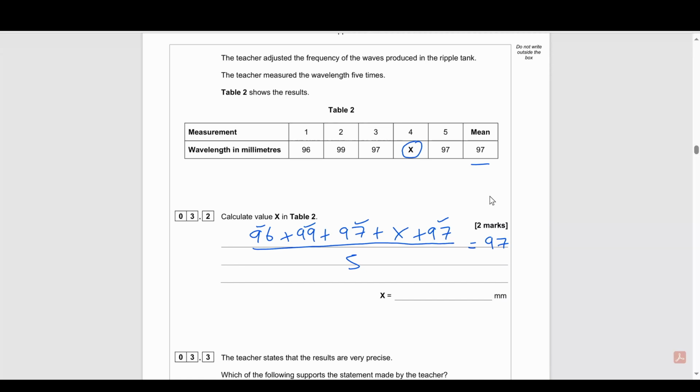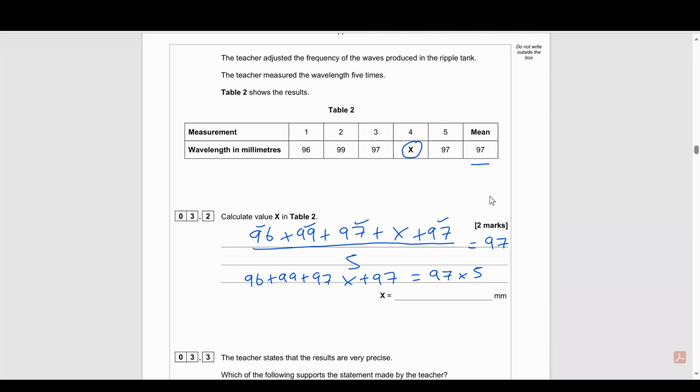And then that will be equal to whatever 97 times 5 is, by excluding this x. So it'd really be 96 plus 99 plus 97 plus x plus 97 equals 97 multiplied by 5.